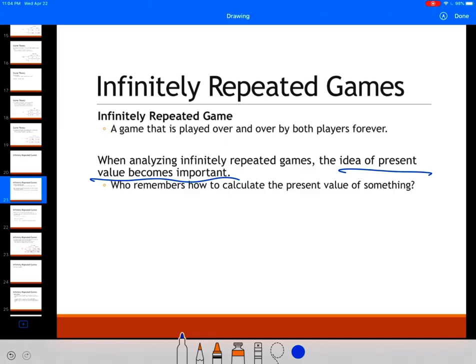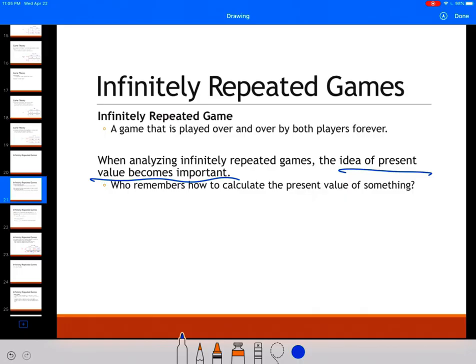So if I'm a company and I'm competing against another company, I have a certain value of profits and money I can make today, but I probably value money and profits in the future a little differently, okay? So hopefully some of you have taken the managerial finance class and you know all about present value calculations.